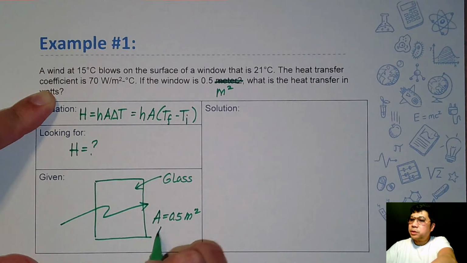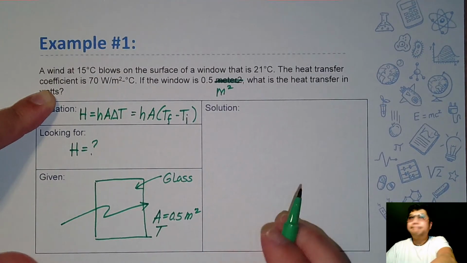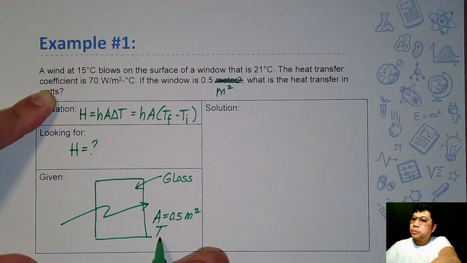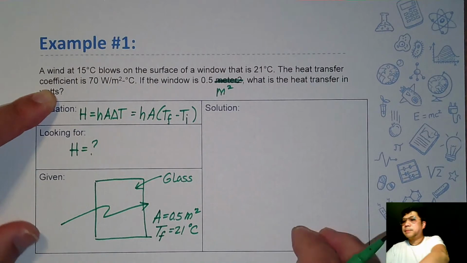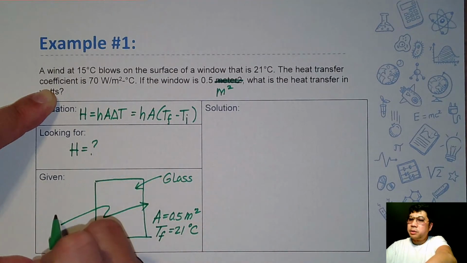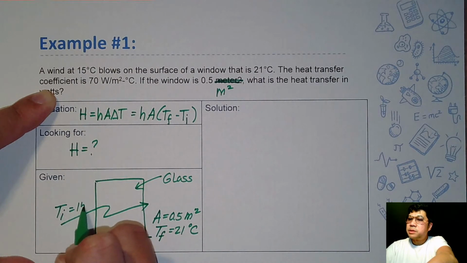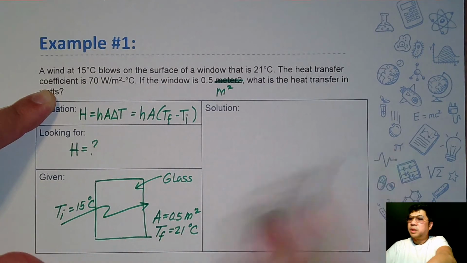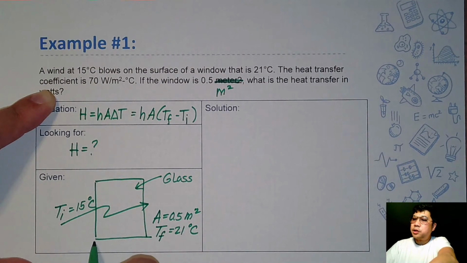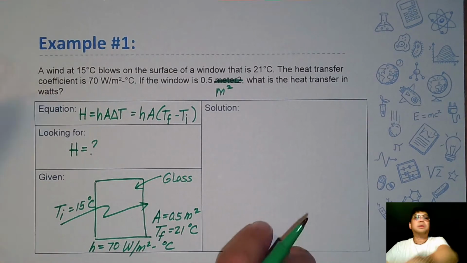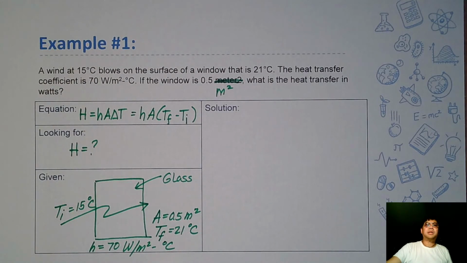Let's call this the temperature of the glass, which is our final, 21 degrees. And then the initial temperature of air is 15 degrees C. And the coefficient h is 70 watts per square meter degrees Celsius. So these are the different pieces of information that are provided to us by the problem.